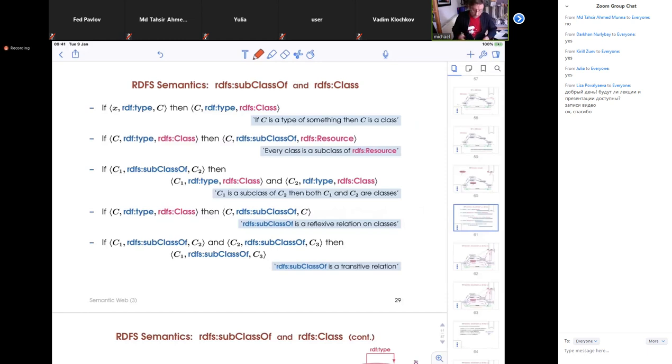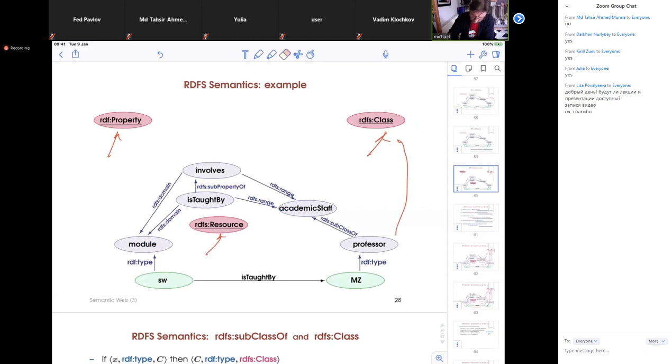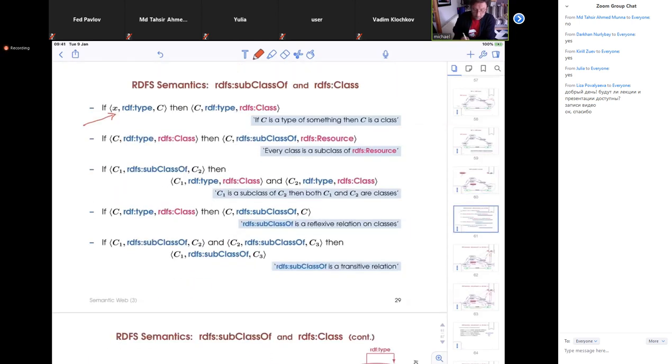I'll just give you some hints of how these rules were introduced. Okay, so suppose we have a triple like this: X, RDF type, C. Like on the previous page, what did I have? I had this bit: MZ, RDF type, professor. Then from this, I deduce that professor must be a class. If MZ is of type professor, professor must be a class. Okay, and these are the rules.